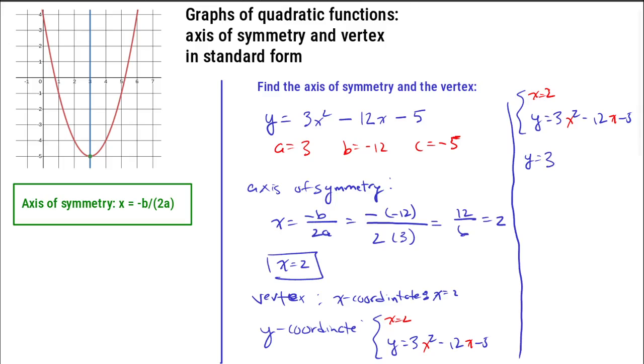3 times 2 squared minus 12 times 2 minus 5.